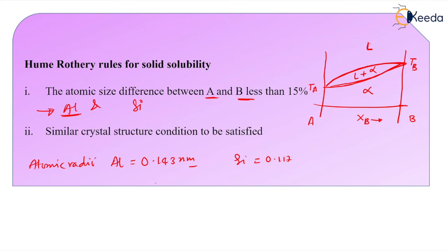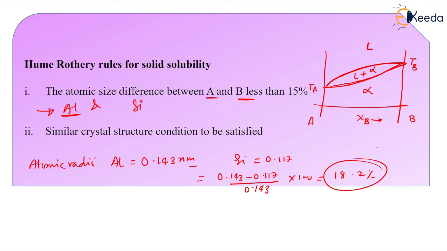To find the size difference between these two, it is 0.143 minus 0.117 divided by 0.143, times 100 in percentage. It will be around 18.2%.